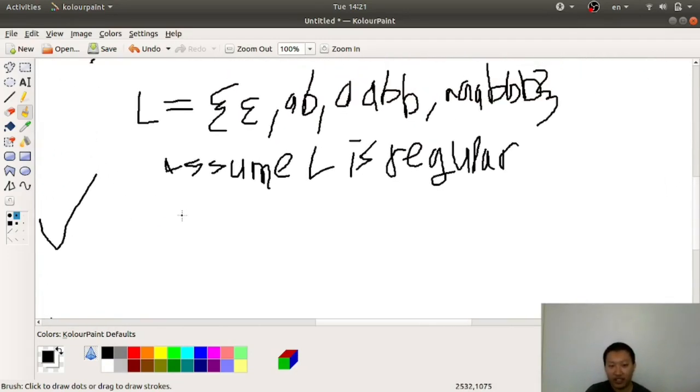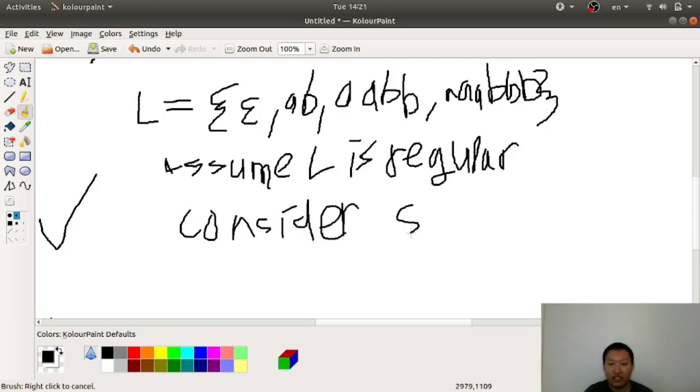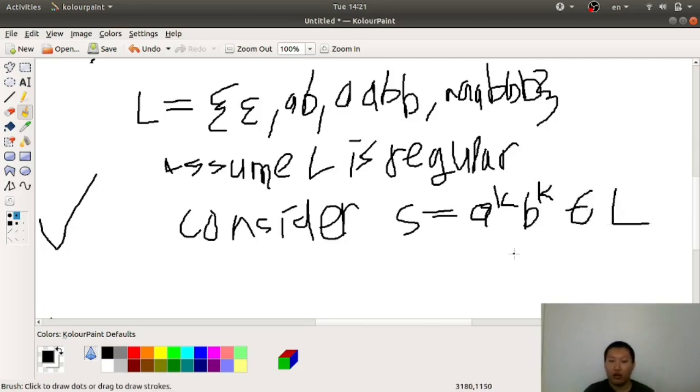If L is regular, there must be some pumping length k, such that if our string is longer than k, then we can use the pumping lemma. So consider our string A to the k, B to the k. So it's A k times and then B k times. Obviously this is in our language, because it is A a certain number of times and then B the same number of times.